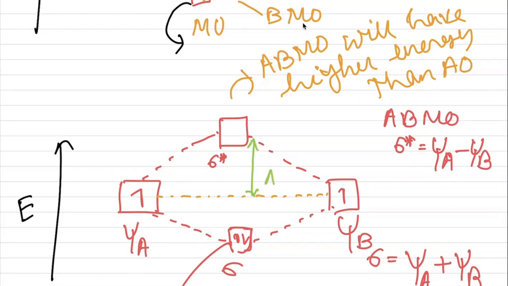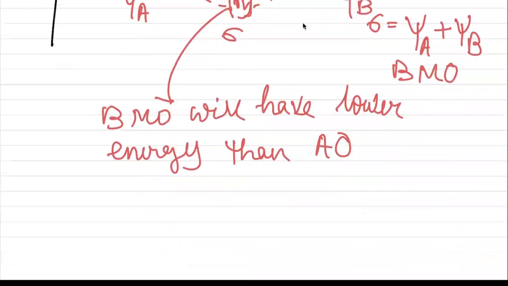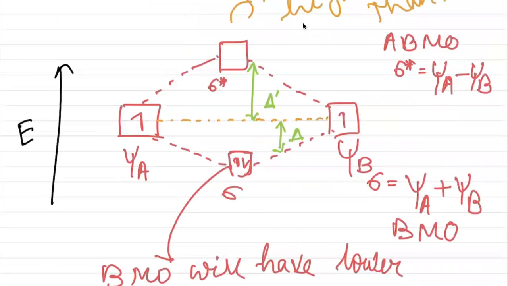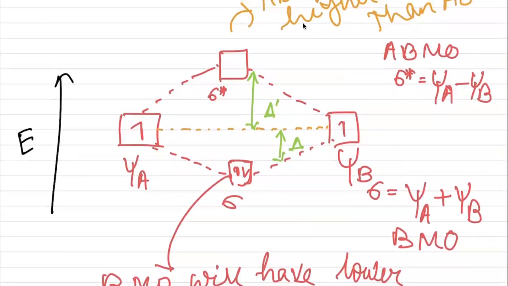Now here one thing you have to remember, the energy gap. Suppose this energy gap is delta dash and this energy gap is delta. So always delta dash is greater than delta. Suppose for bonding we have to spend 5 energy, and for anti-bonding we have to spend 6 energy, if I consider it as a number.